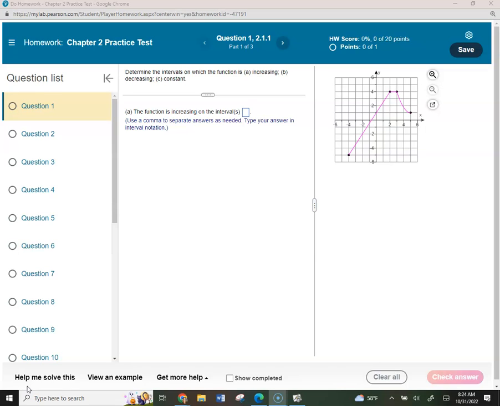If you accidentally put the union symbol, I will go back and give you credit, but please read the blue suggestion that is telling you to use a comma here, okay? Remember, increasing, decreasing, and constant are where you imagine a person running the graph, right? And from left to right.